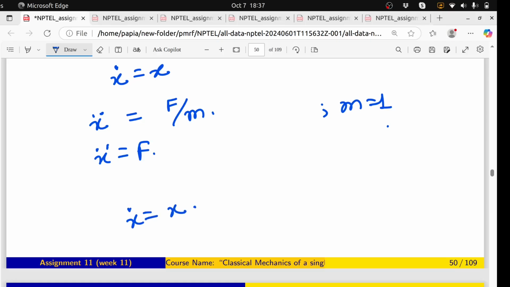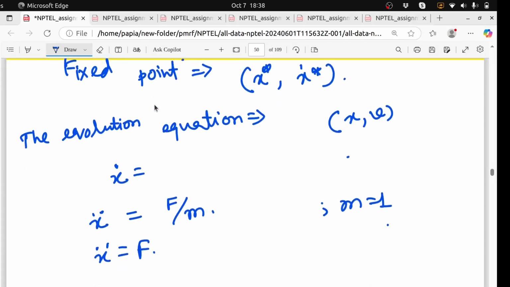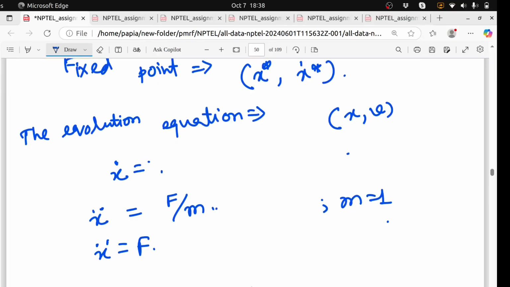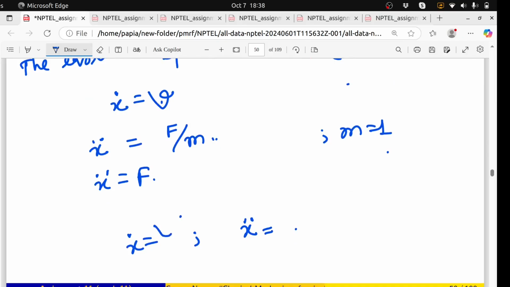x dot equals to, actually it is not x dot equal to x. I have to write it like that. Let's say I write x and v. So x dot will be simply v, and v dot will be x double dot, which equals minus x plus x cube.